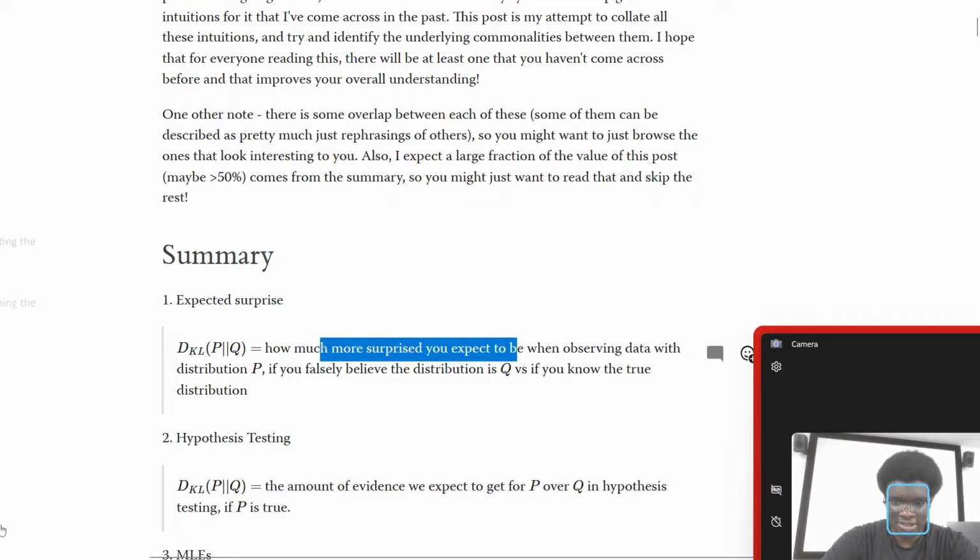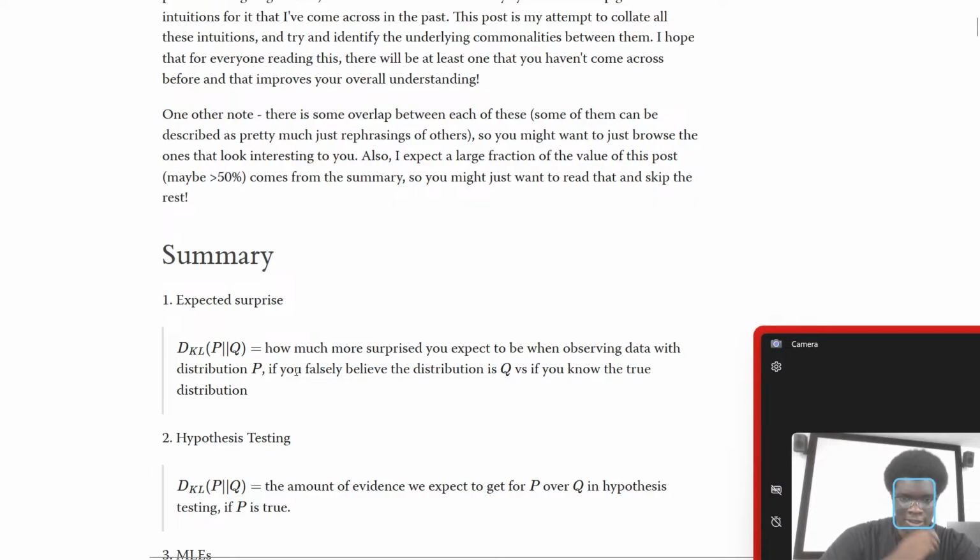It doesn't immediately make sense that the two intuitions are equivalent. But if you're more surprised with one distribution than another, the distribution that produces minimum surprise is probably the one that's correct. So you'd expect to have more evidence for that in hypothesis testing.